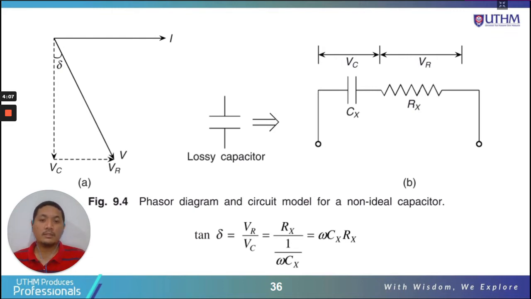So you can see here tan delta is basically VR over VC if the insulation is represented as RC in series. For RC in parallel, tan delta is IR over IC.